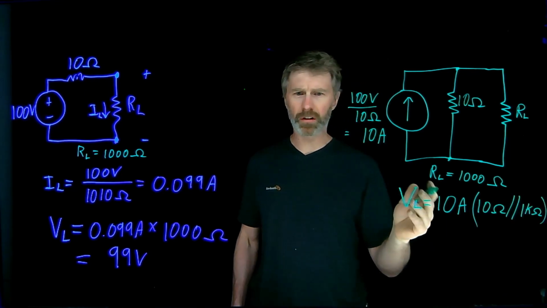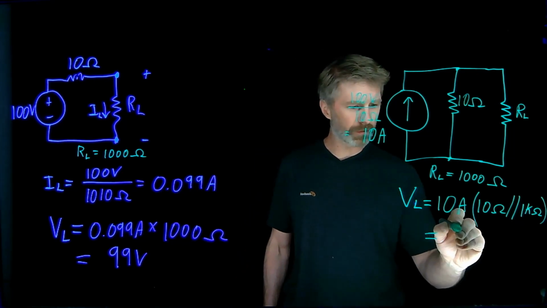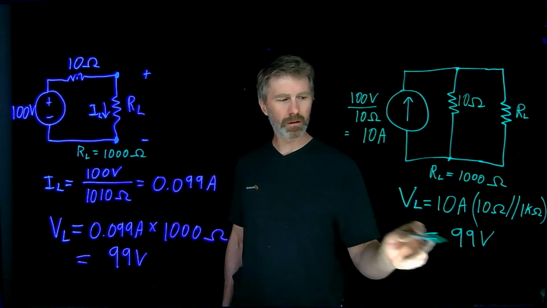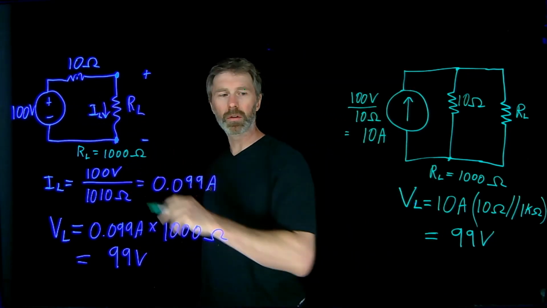I won't do that calculation because I'm sure you know how to do parallel resistors. And that works out to 99 volts. Oh, and what do you know? The load voltage is 99 volts for the current source and 99 volts for the equivalent voltage source.